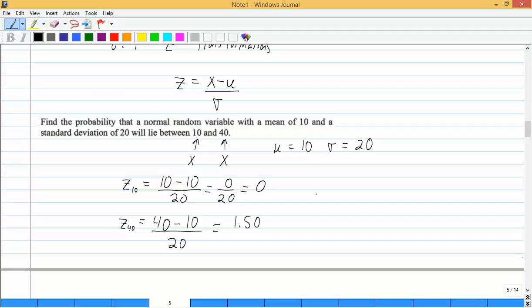All right, so what I'm trying to figure out is the probability that my Z-score is between 0 and 1.50.